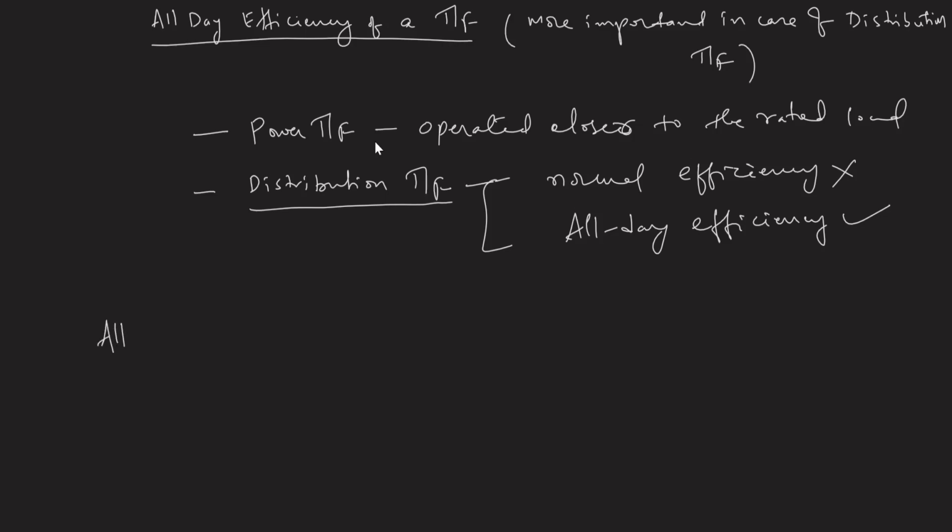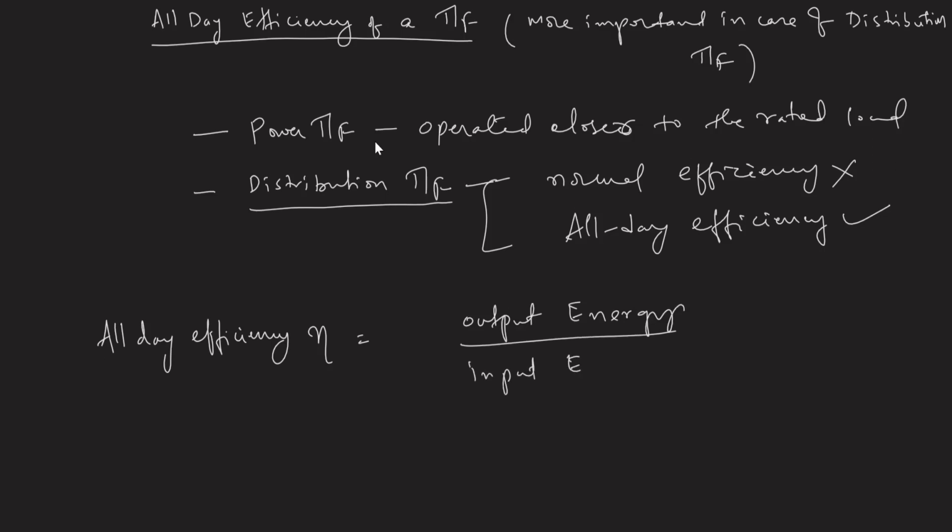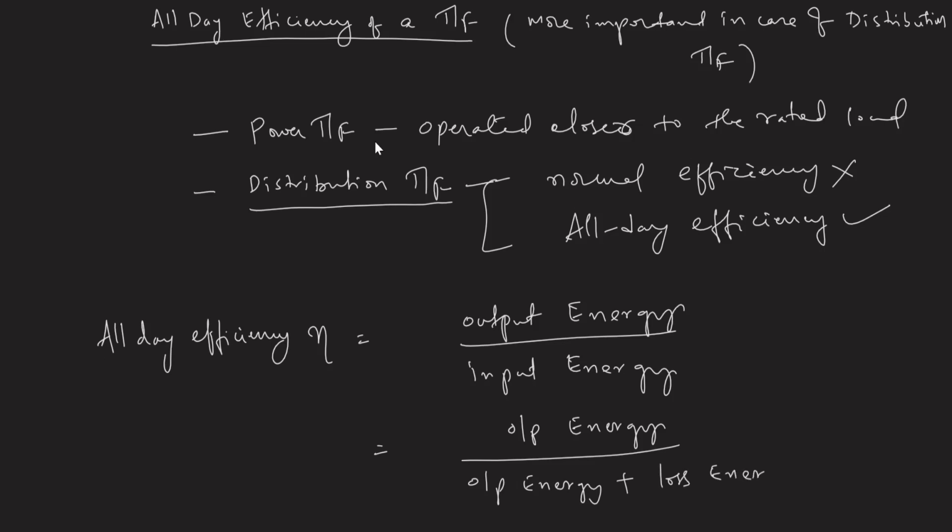All day efficiency is normally given by efficiency equals output energy by input energy, or otherwise output energy by output energy plus loss energy.